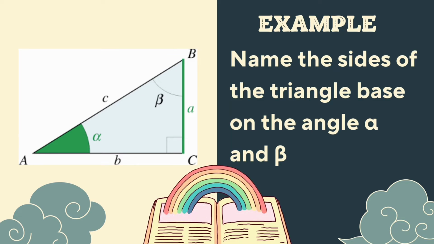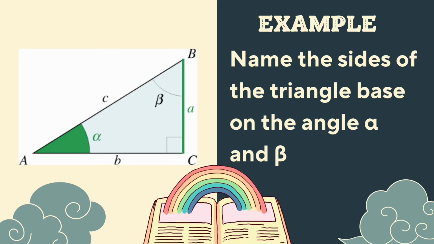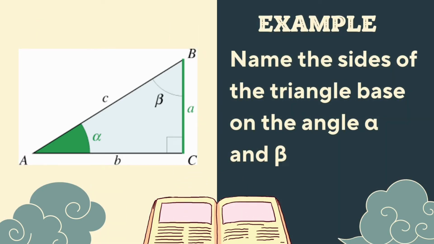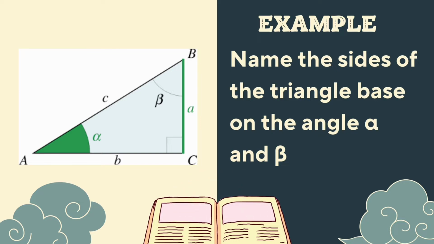If you consider this triangle based on the angle alpha, then the opposite side will be A, which is the side that is opposite alpha.